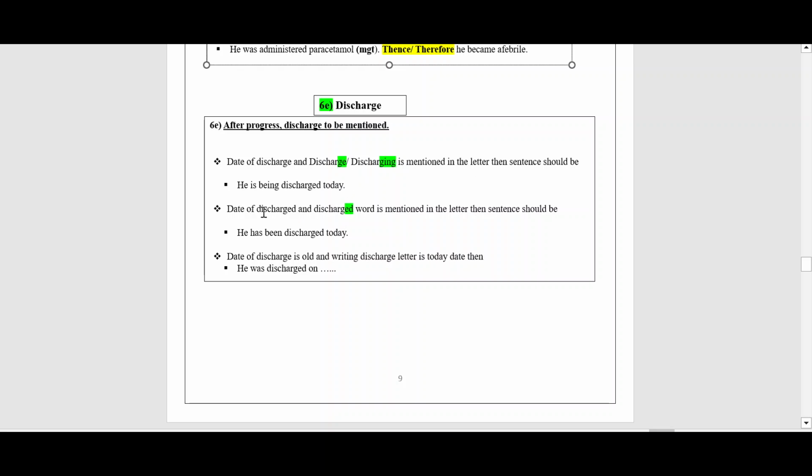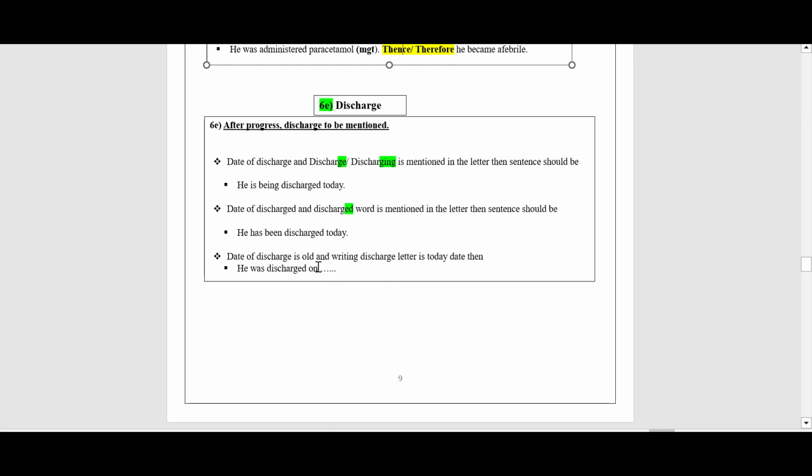If in the discharge date it is "discharged" with ED, then your sentence structure should be "he has been discharged today." If the ED is not there, only E is there, it means "he is being discharged today." Otherwise, if it is "discharged" with ED, then you should mention "he has been discharged today."